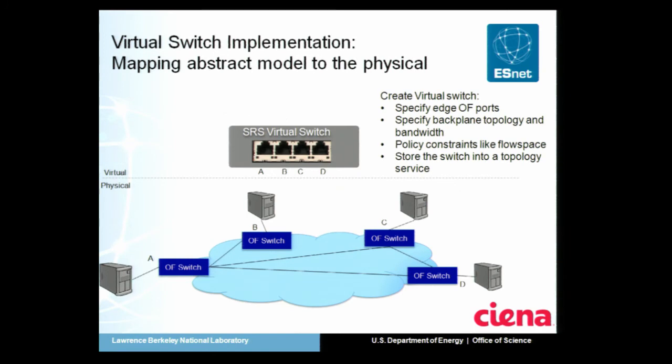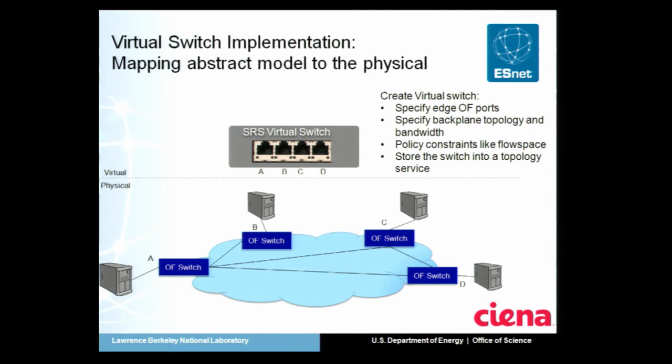So what we did was, we have an interface where the end site or the application can say, create virtual switch. It's a programmatic interface since it's all about software defined networking, and an end site can tell the WAN, hey, create a virtual switch for me. I want these 4 ports and these 4 sites to be part of this virtual switch.